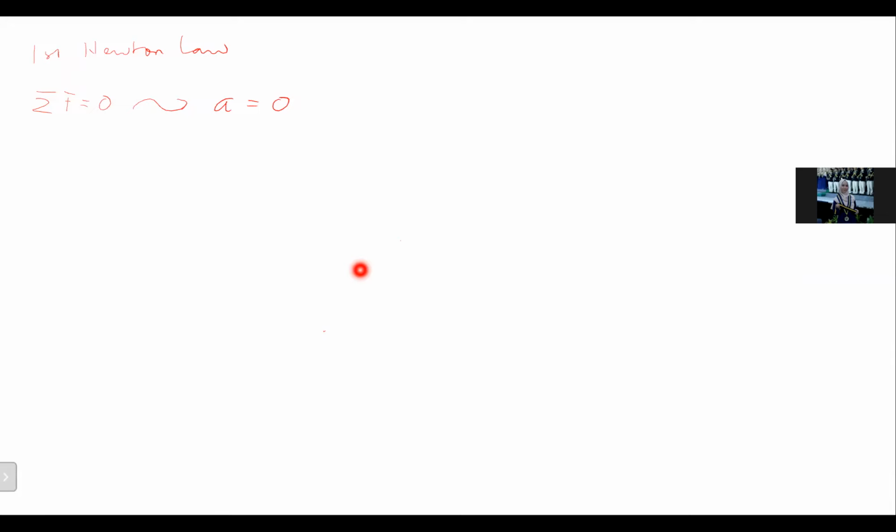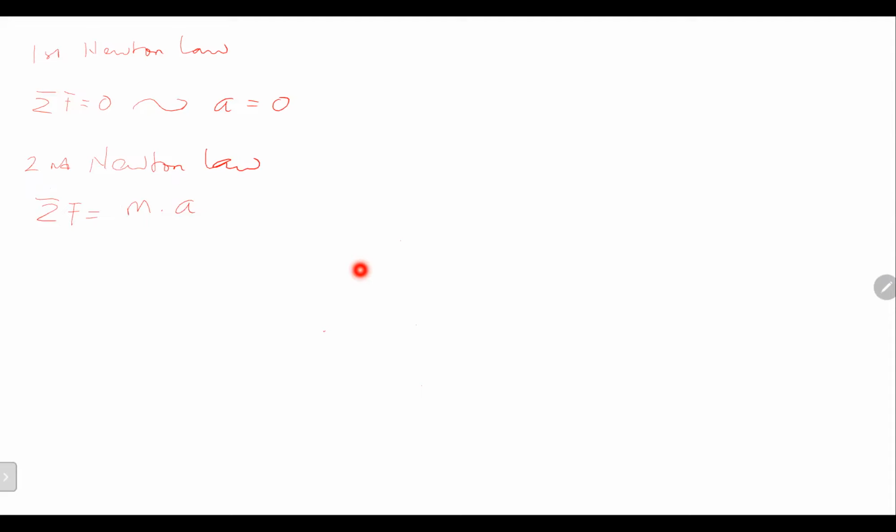What is the second Newton law? The force of an object is proportional to its acceleration and mass. Okay, yeah. Sigma F is equal to M multiplied by A. That's the second Newton law.